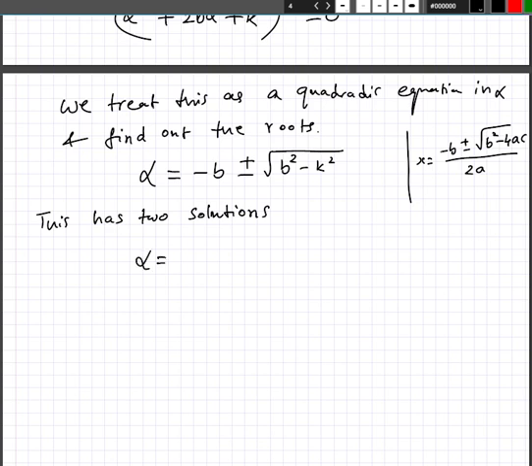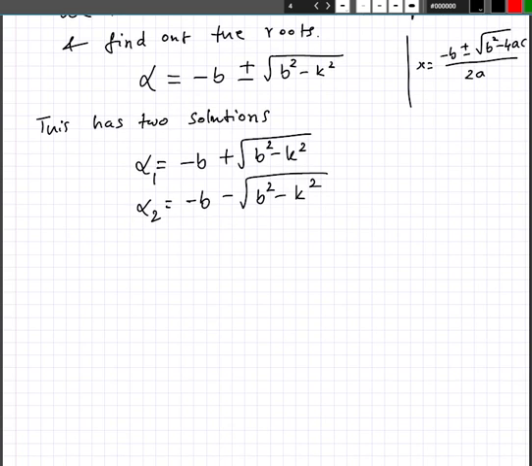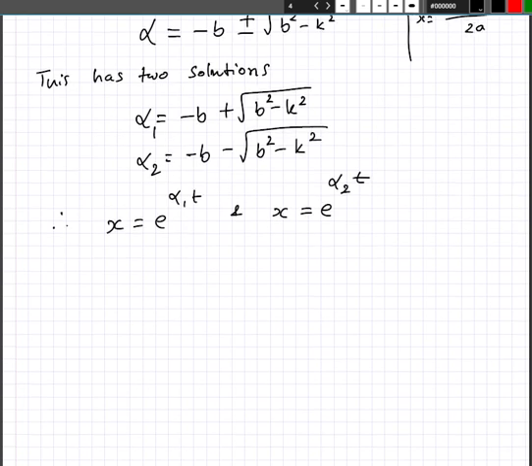One is alpha is equal to minus b plus square root of b square minus k square, which we can call as alpha 1, and alpha 2 is equal to minus b minus square root of b square minus k square. Therefore, we have x is equal to e to the power alpha 1 t and x is equal to e to the power alpha 2 t are the two solutions.